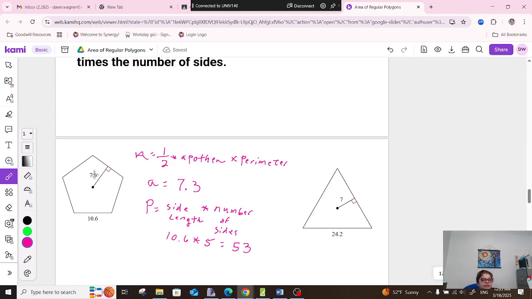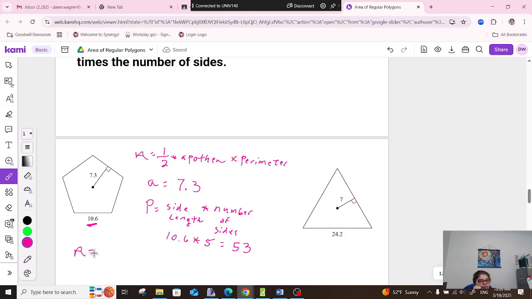How many sides did I have here? 1, 2, 3, 4, 5, right? And the side length was 10.6. So 10.6 times 5 equals 53. And that's perimeter. Now I have everything I need to calculate area.